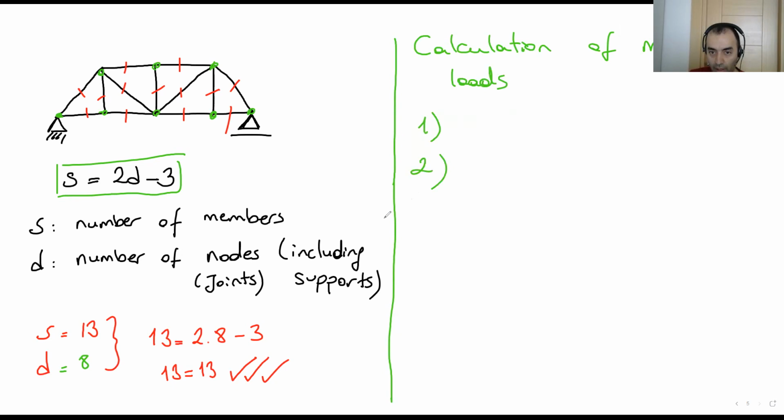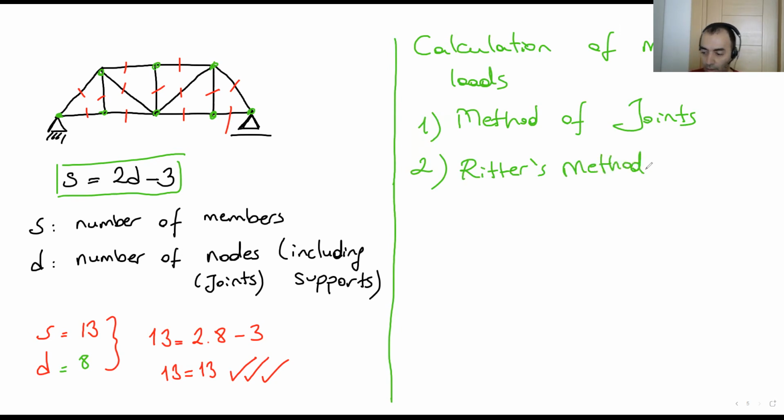We have two methods. Method of joints. Ritter's method. At the end of today, two methods make the same thing, but they have some advantages according to each other. We will see it.